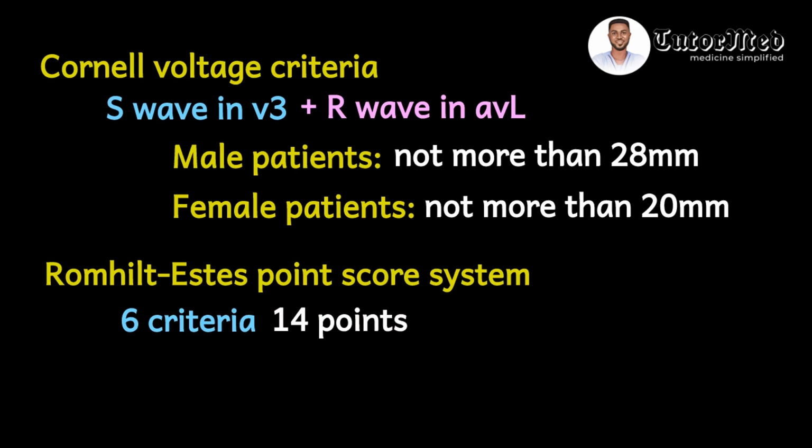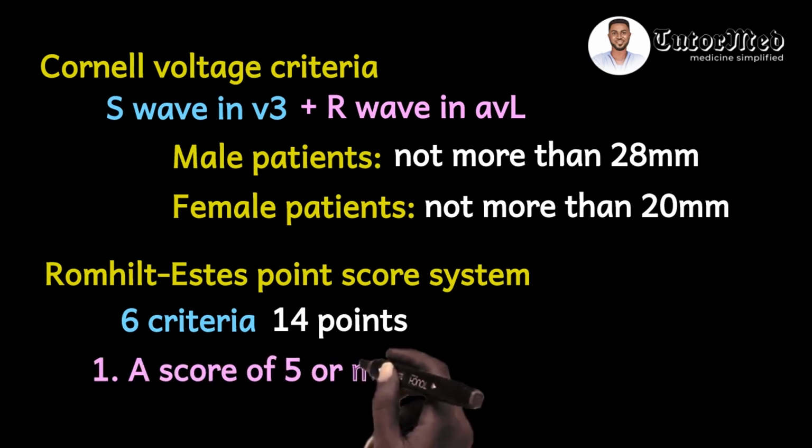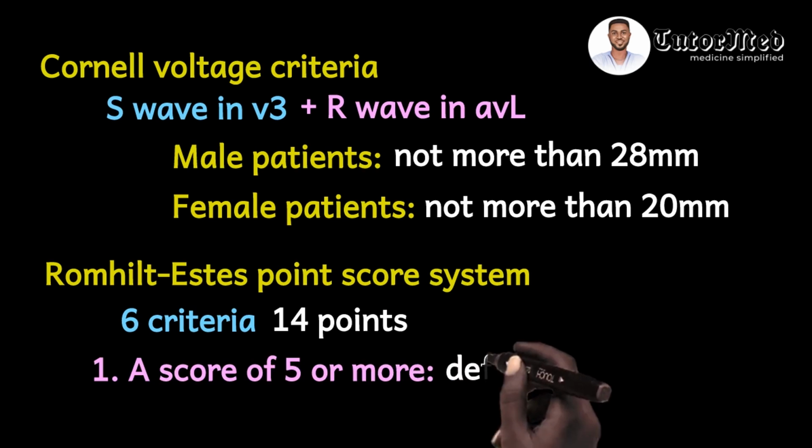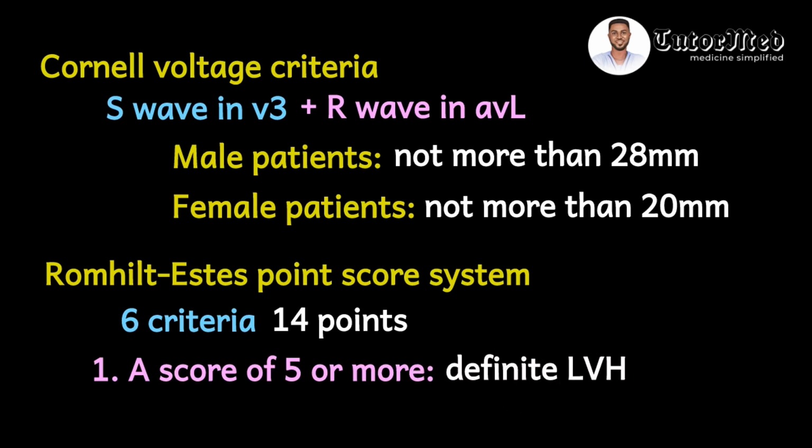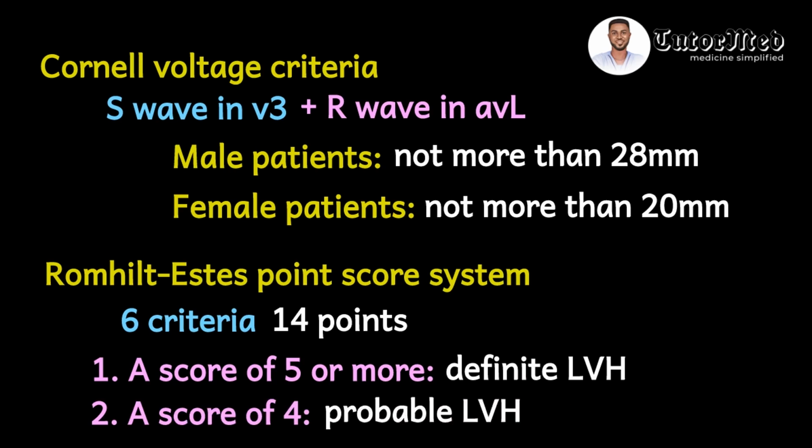You can check this criteria online, but I want to say that a score of 5 or more gives a definitive diagnosis of left ventricular hypertrophy. And then a score of 4 gives a probable diagnosis of left ventricular hypertrophy. Anything less than that is not really significant.